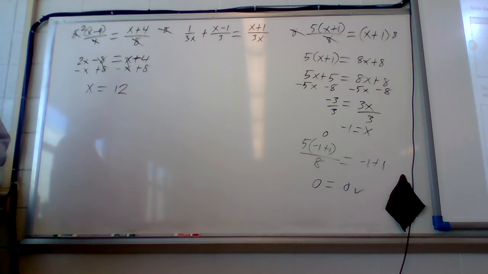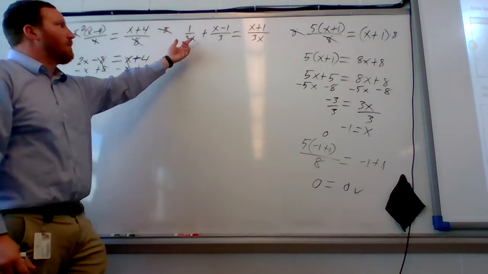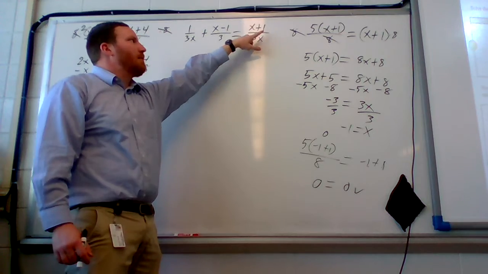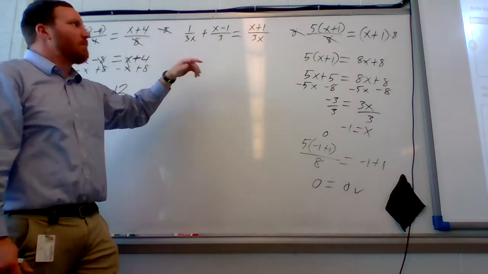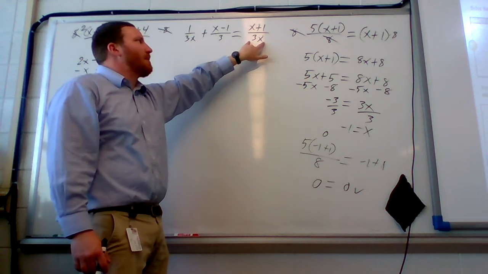So what's our least common denominator of those 3? 3, and what else is in the denominator? X. So in order to get rid of our denominators, we're going to have to multiply again by at least the biggest thing. Whatever's down there, the most amount, you're going to have to multiply by that amount minimum. Okay? So in this case, 3x.